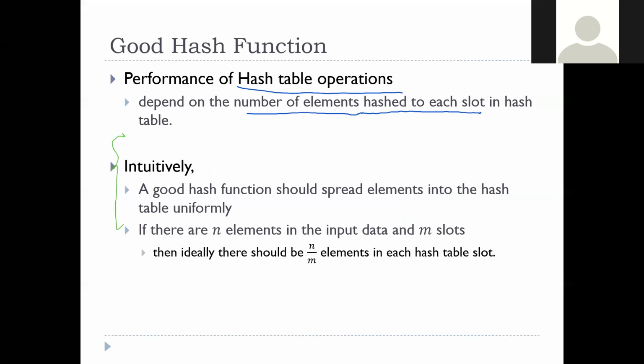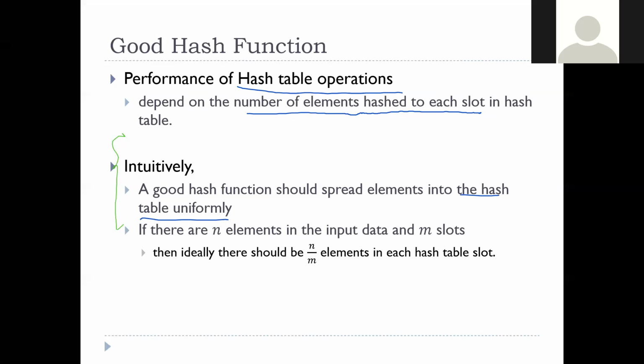Okay, now in general, if I want to have a good hash table, then I want to have a good hash function, which hopefully should spread elements into the hash table uniformly, so that no slot is taking many more than others. What is the best case scenario?